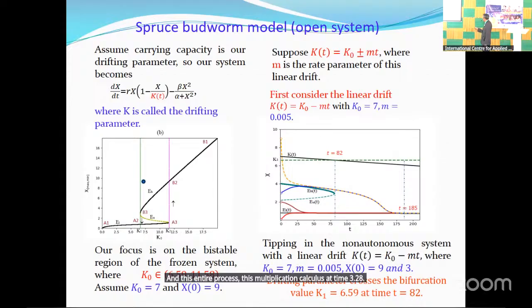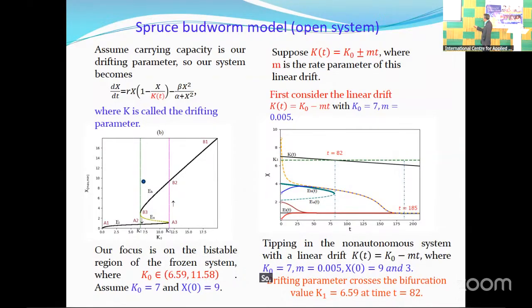As time increases, the solution of the non-autonomous system tries to converge to this EH, because you are above this separatrix. So you would converge to this EH equilibrium in the absence of drift.